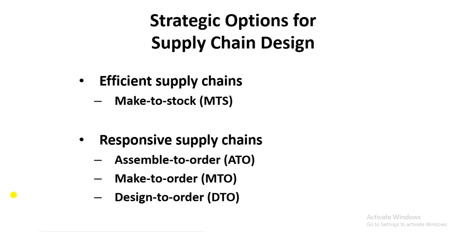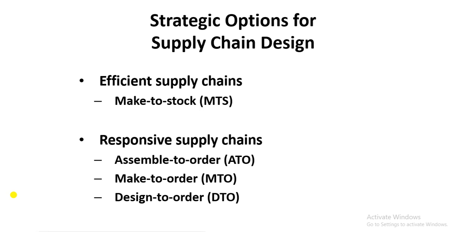The company starts making goods and services once the order is placed. The very best example is when you go to your tailor and ask him to stitch a cloth for you, and he will make a tailor-made suit for you according to your requirements.